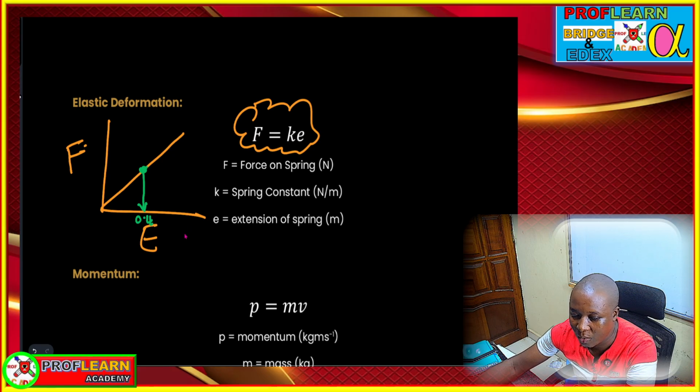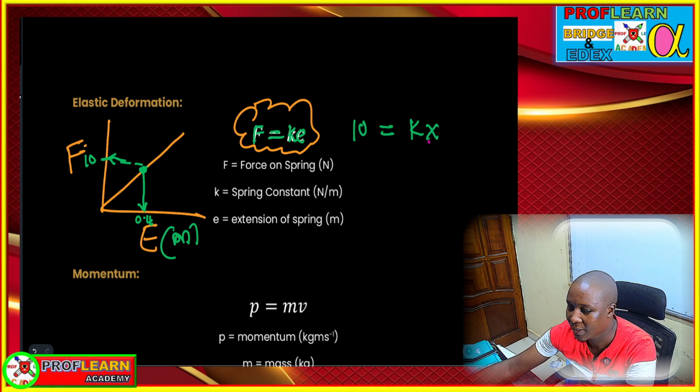0.4, and the extension was given in meters. Let me just use that in meters. And if you read also on this end here, you find that the value is 10 newtons. The force is in newtons. Then you can say therefore 10 newtons, force, is equal to what? F equals K e. 10 newtons is equal to spring constant K times the extension, which is 0.4.